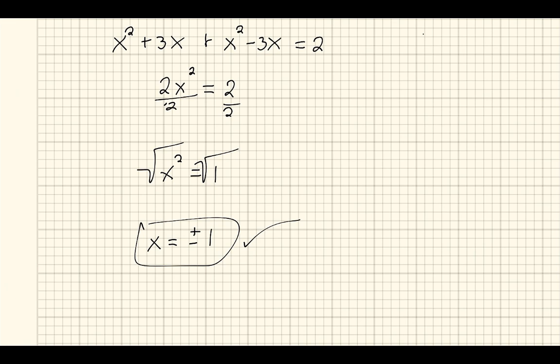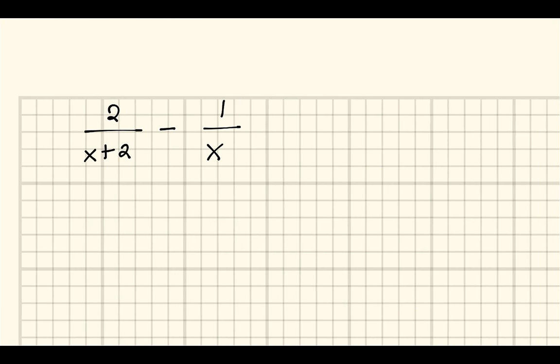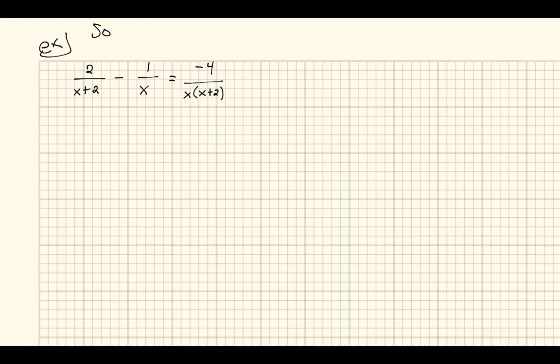Let's try 2 over x plus 2 minus 1 over x equals -4 over x times x plus 2. I want to solve this.